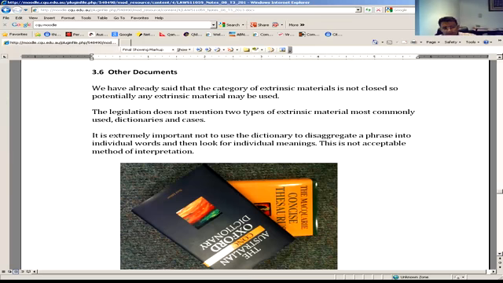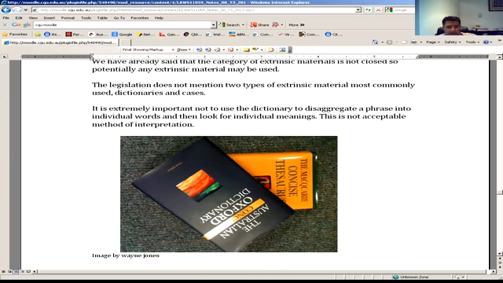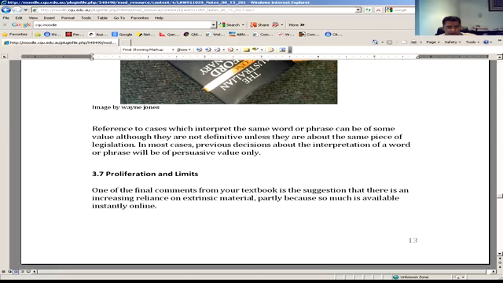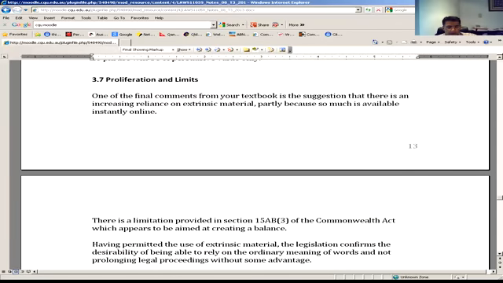Other documents, so we're talking there about things like dictionaries, etc., and they've got an image of a dictionary and a thesaurus there. Proliferation and limits. Well, one of the hardest things, I think, has been that whereas, say, 15 years ago or more, it was very difficult to find a lot of this information.